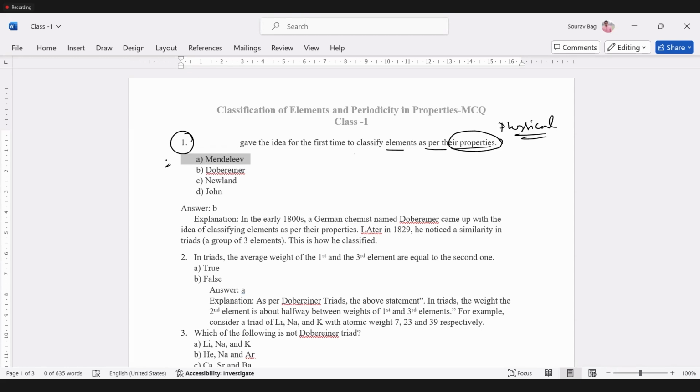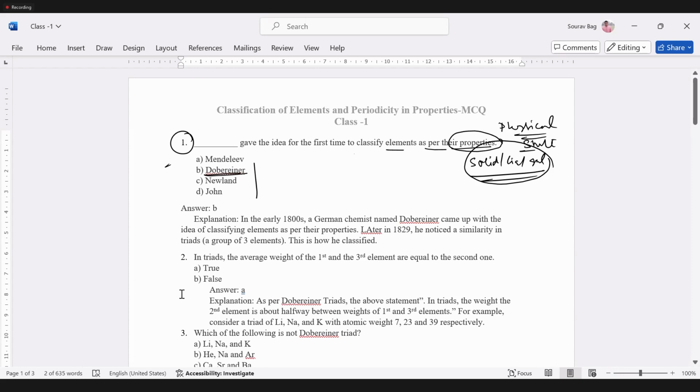This is Dobereiner. Dobereiner gave first how to classify the elements according to their physical properties. Physical properties here means the physical state, so it will be solid, liquid, and gas. So according to that, Dobereiner classified the elements.